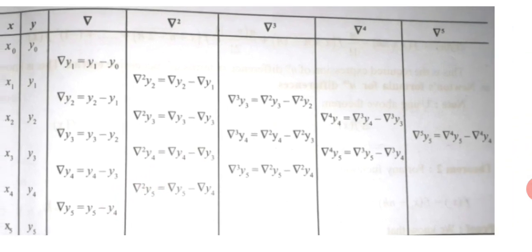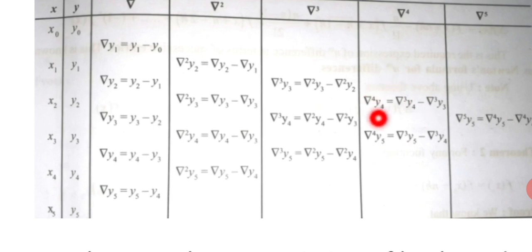Similarly, for second order, delta of y5 minus delta of y4 gives you delta square of y5. Delta square of y4 is delta of y4 minus delta of y3. Similarly, delta square of y3 is delta of y3 minus delta of y2.